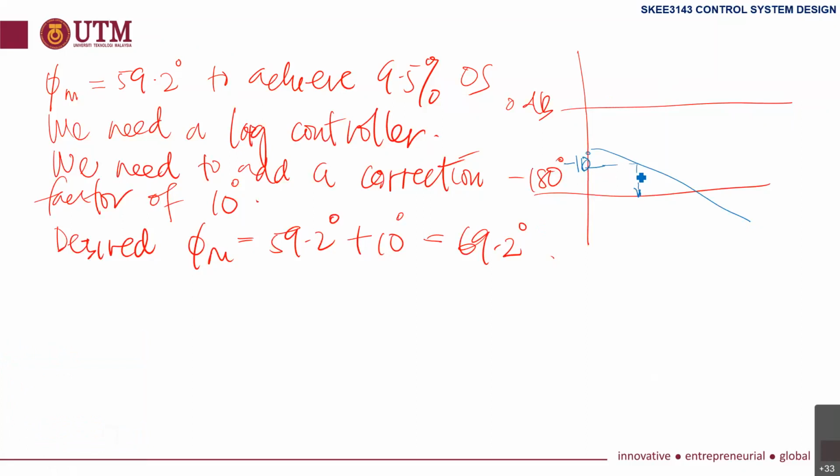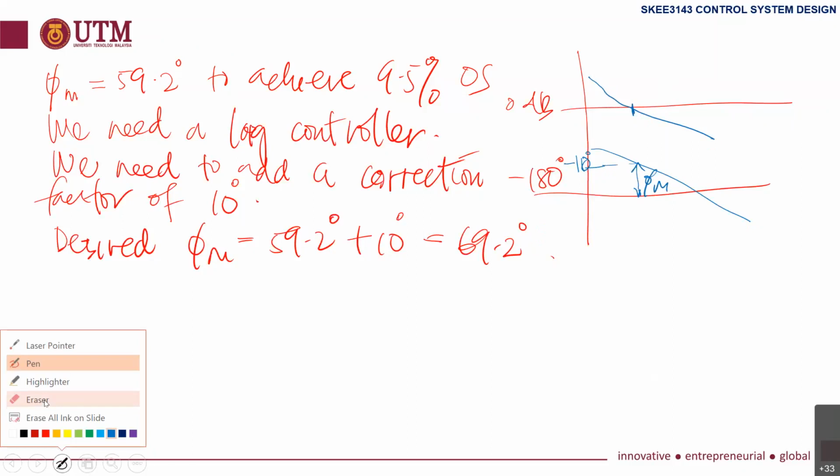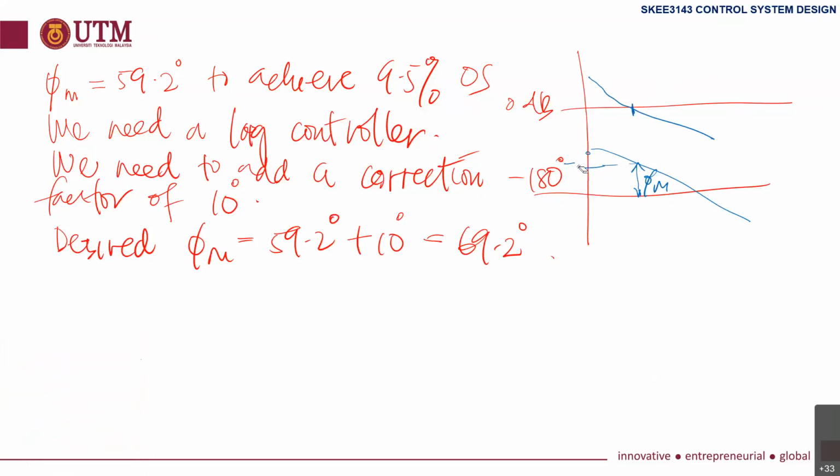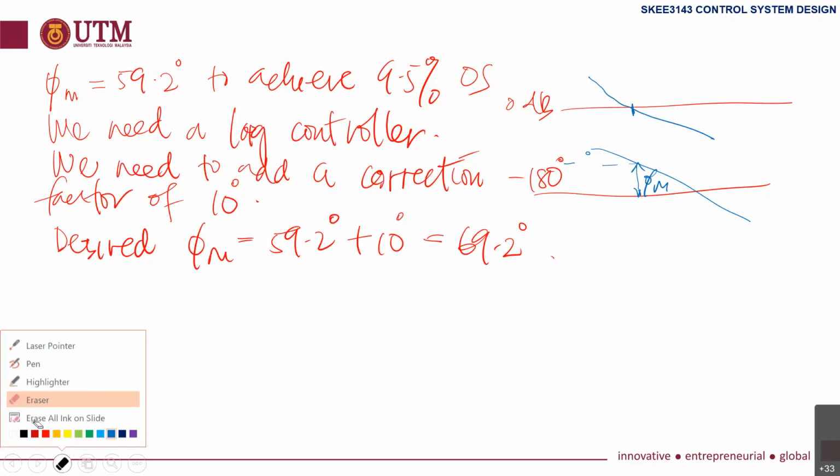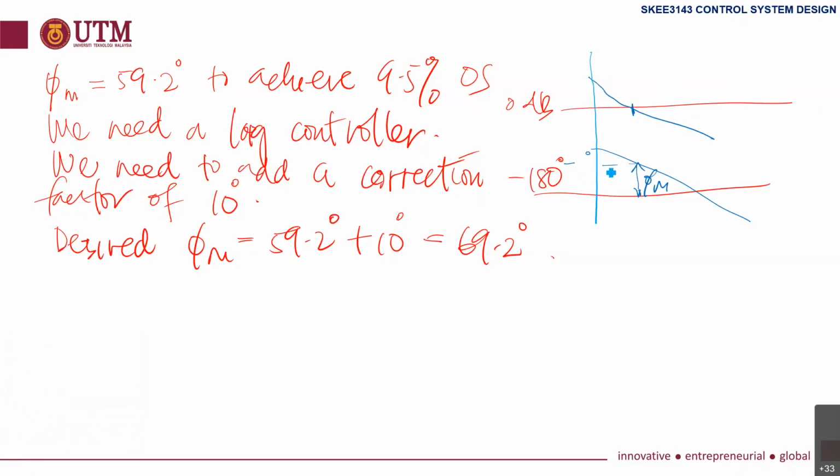This is the phase margin that we require, when it is 0 dB. So this is what we want, 110 degree phase margin at the gain crossover frequency. This is minus 110 degrees.